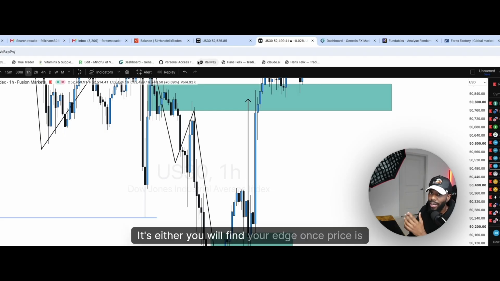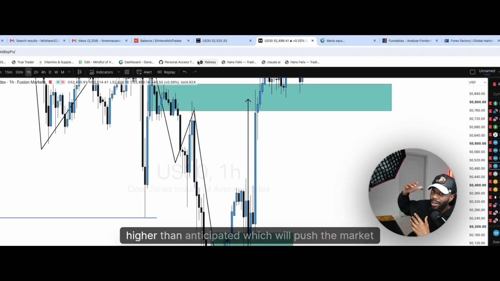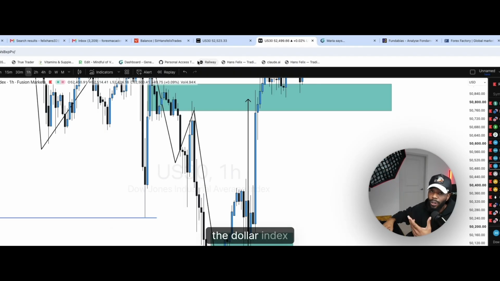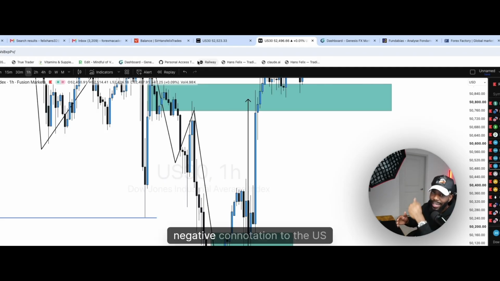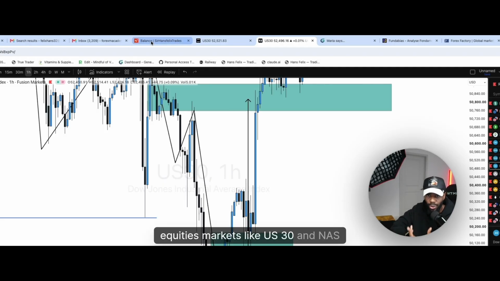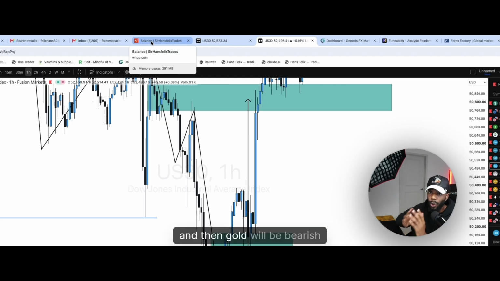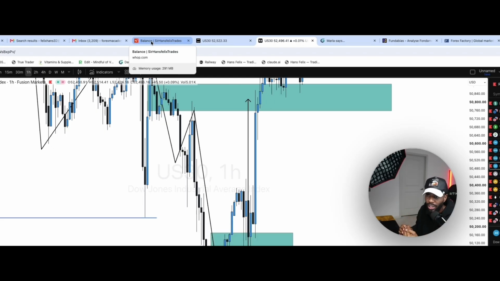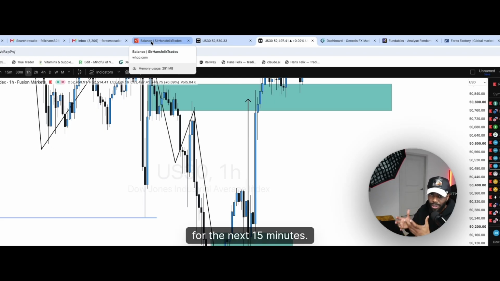It's either you will find your edge once price is higher than anticipated, which will push the market, the dollar index upwards, which is going to give a negative connotation to the US equities markets like US 30 and NAS. And then gold will be bearish for the next 15 minutes. Okay.